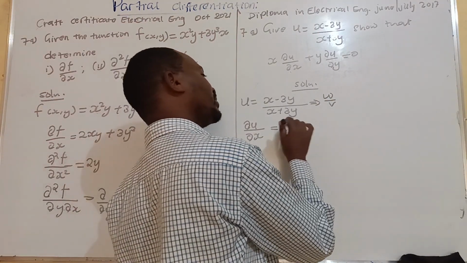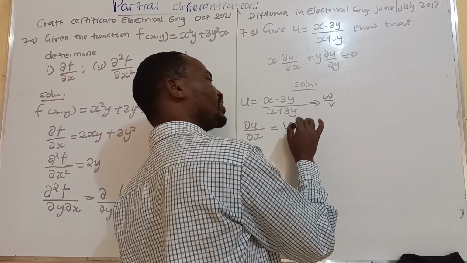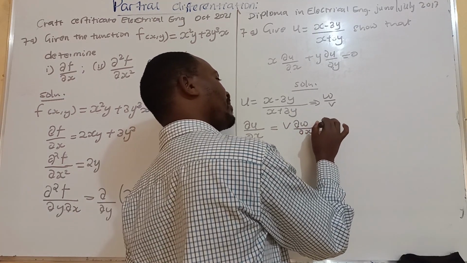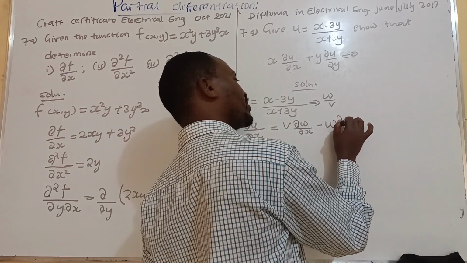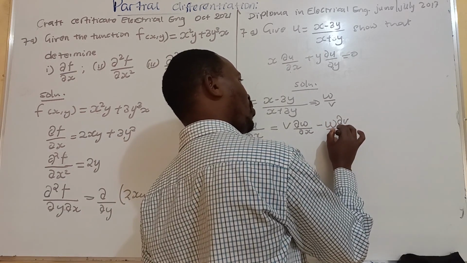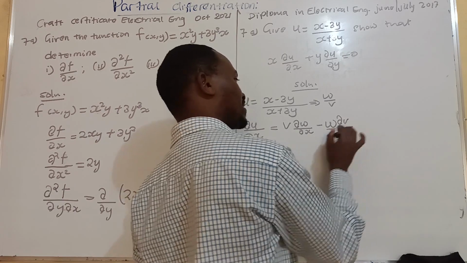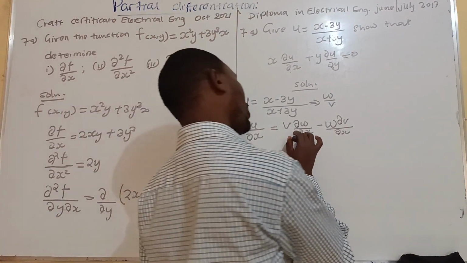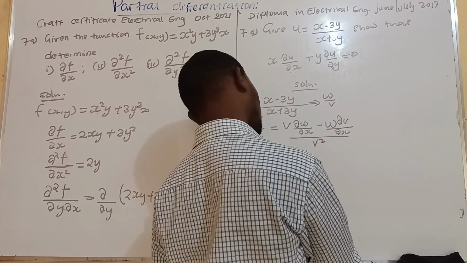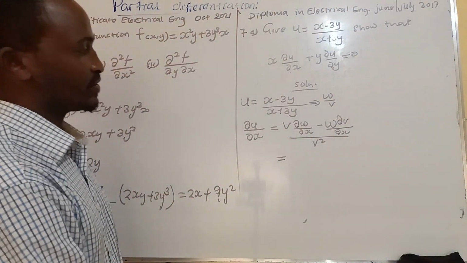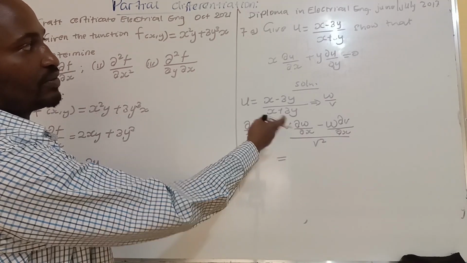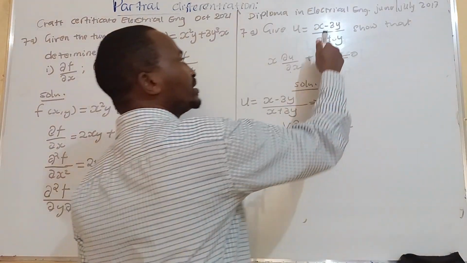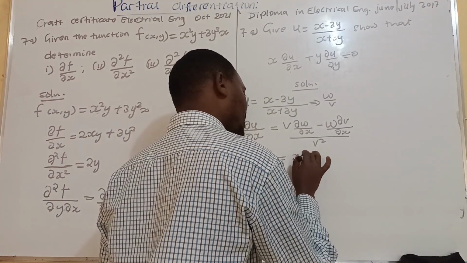The partial derivative will be v times the partial derivative of w with respect to x, minus w times the partial derivative of v with respect to x, all over v squared. I think we have already seen this formula. Now, what is v? x plus 3y.